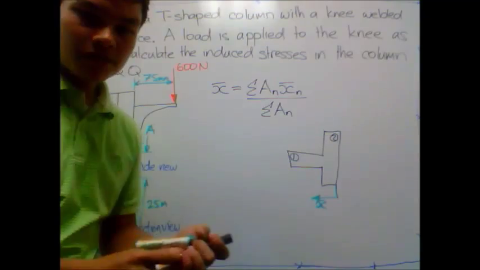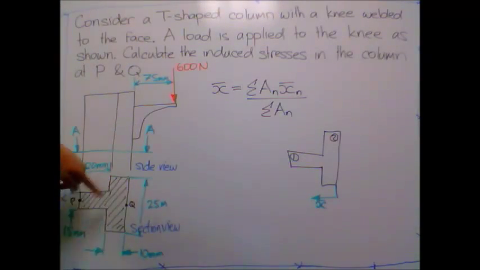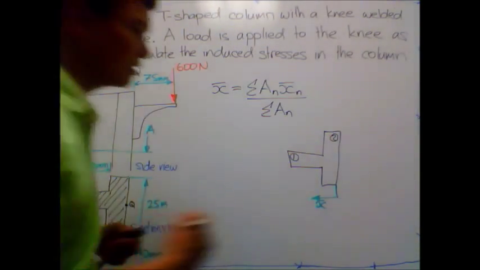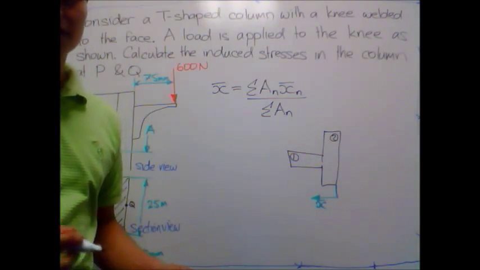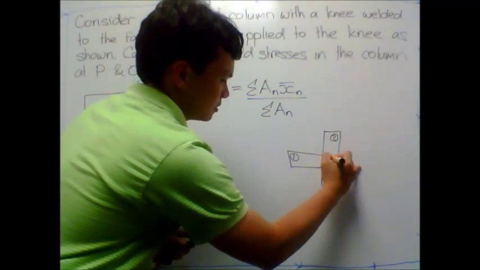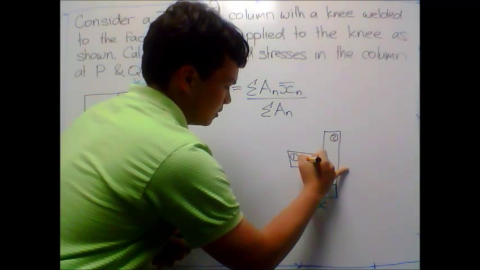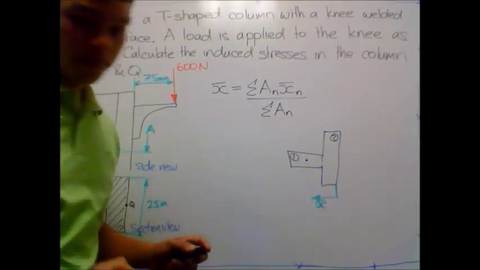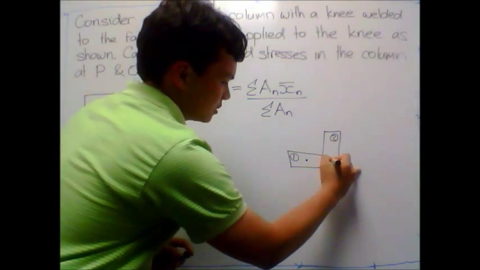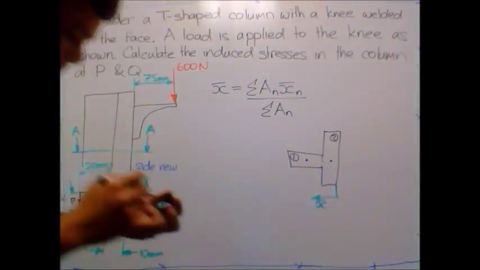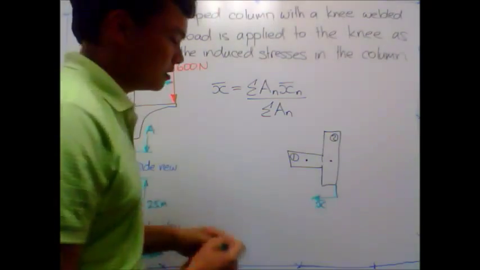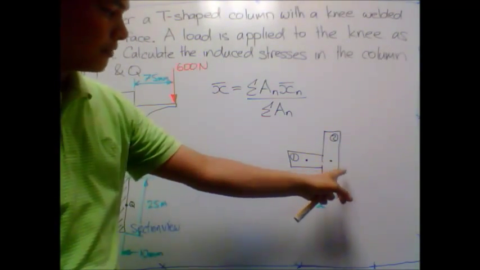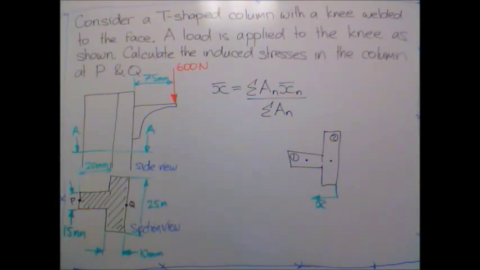Now I've separated my section into 2 shapes. I can mark where the center of area is for each shape. For the first shape, it's in the middle here. For the second shape, it's in the middle here. I can determine the distance to this position from that axis.